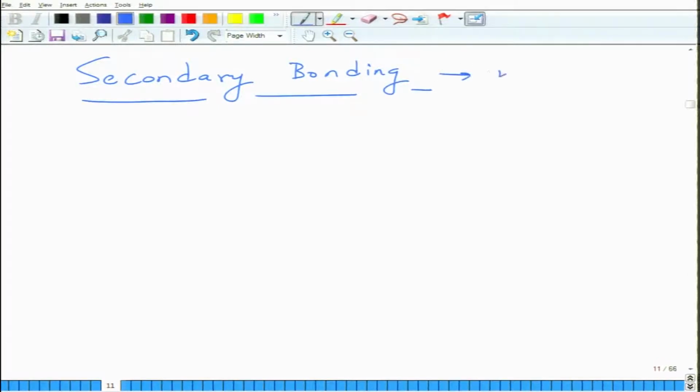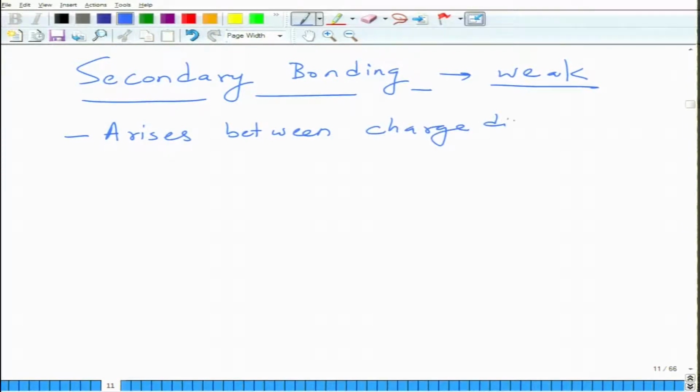This is basically weaker than the primary bonds, and this arises from interaction between charged dipoles on the surface. So, for example, let us say you have a situation like this.